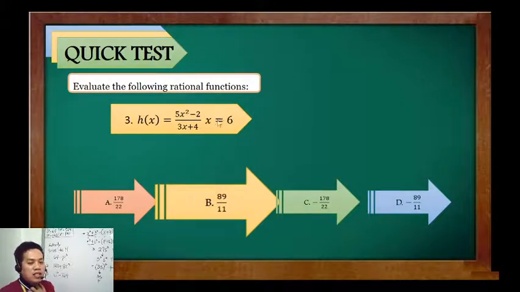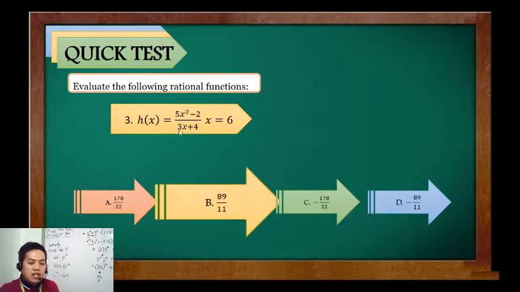Ato lang gibuhat is nag-substitute lang ta sa given function. We have 6. Substitute to the numerator. We have 6 squared. 6 squared is 36. 36 times 5 is 180. Okay? 180 minus 2 is 178. Okay. So 3 times x, or the value of our x is 6.